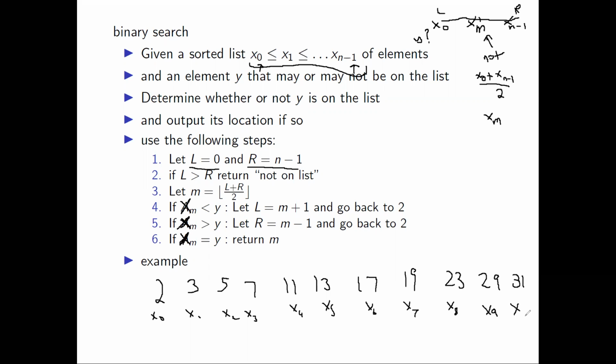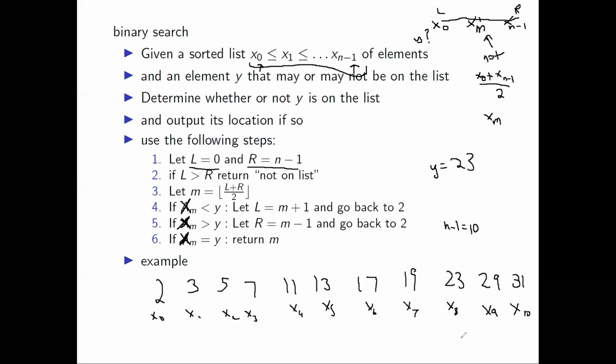Okay, there's our list. Let's say we haven't looked at that list for a while, and then someone gives us this y value 23. Can't remember if it's on there or not. We're going to do a binary search on it to figure out if it's on there. So we take x0 to x10, where 10 is n minus 1.